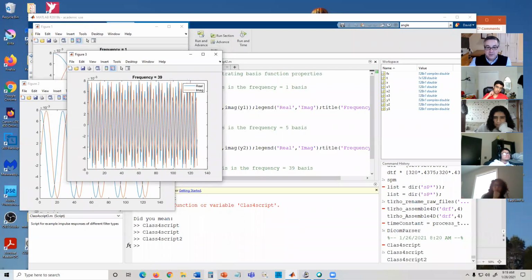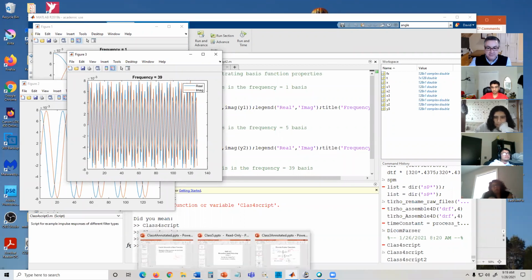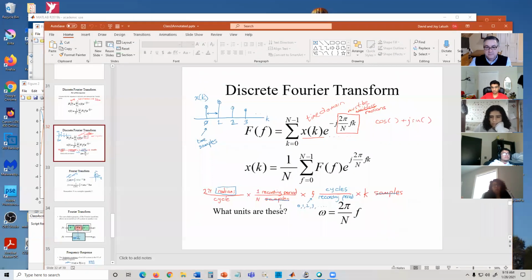And so if I want to refer back to something a little while ago, where we talked about what kind of units you get from the discrete Fourier transform, we talked about frequency being in terms of cycles per recording period. So this is the thing that I want you to start to connect here: in this discrete world, the elements of the Fourier transform space are in terms of cycles per recording period, and those are integers.